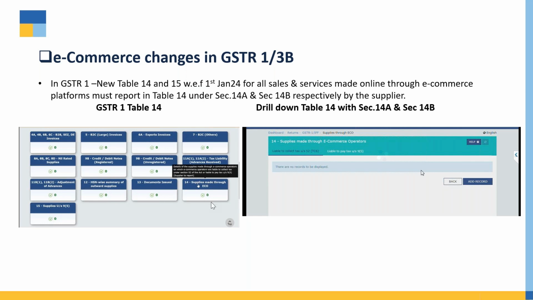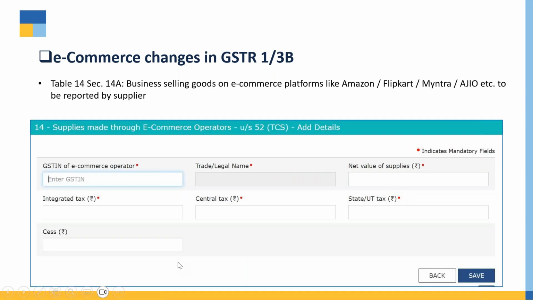Table 14, as we say, is about all the sales and services made online through e-commerce platforms by the supplier, and it has to be updated in this. When you further drill down to section 14A and 14B, what are the details the department is looking for? Table 14's section 14A covers businesses selling goods on e-commerce platforms like Amazon, Flipkart, Myntra, Jio, Ajio, to be reported by the supplier.